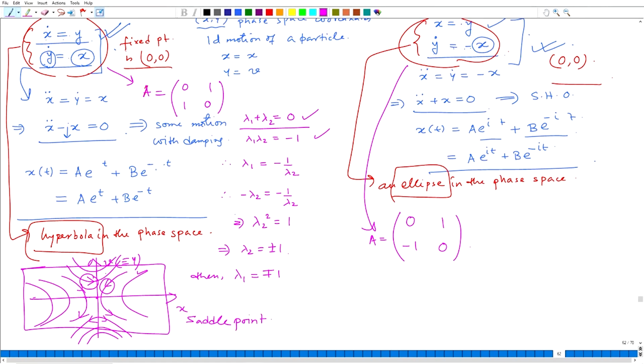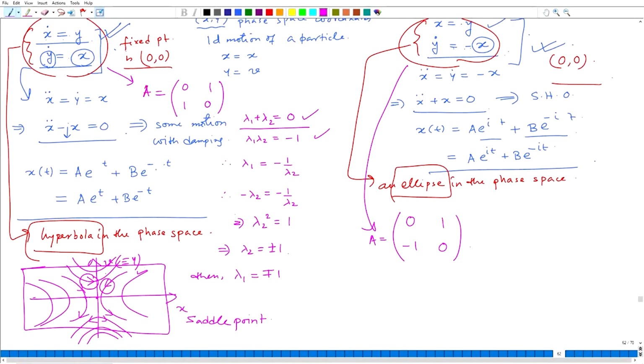Just like the case of another one which we discussed, but here the calling of the saddle point is a little bit subtle. So, I will discuss this point again in the next week in more detail.